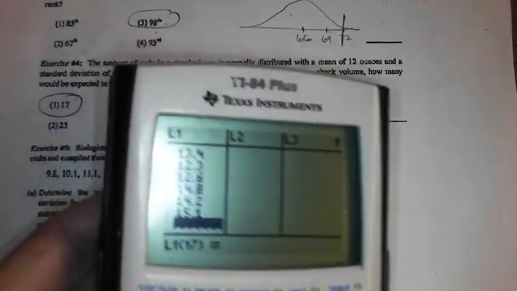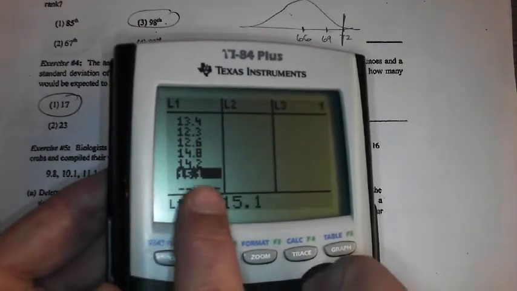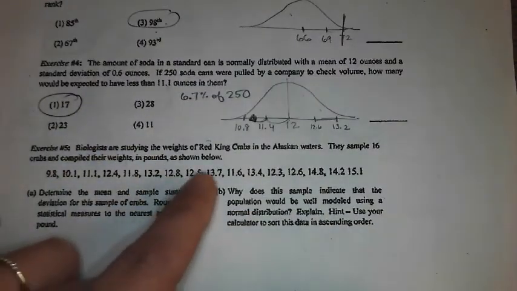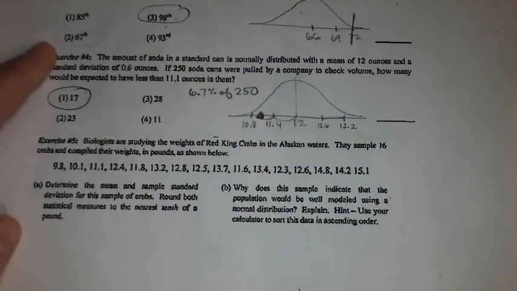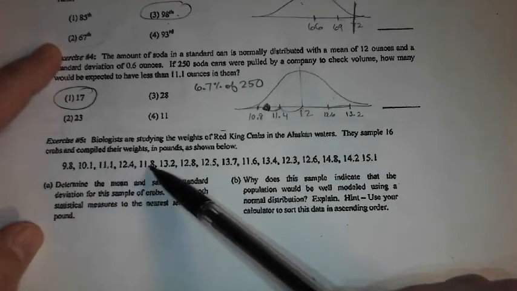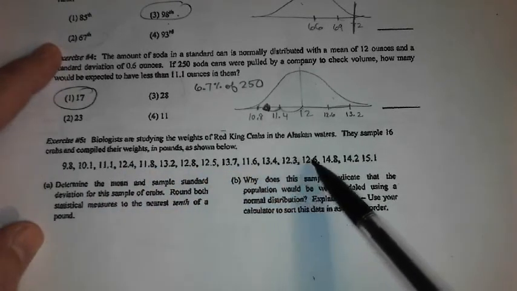Okay, there's all my crabs. If I go to my last thing, I have 16 of them. Am I supposed to have 16 of them? Oh, it doesn't say. 1, 2, 3, 4, 5, 6, 7, 8, 9, 10, 11, 12, 13, 14, 15, 16.